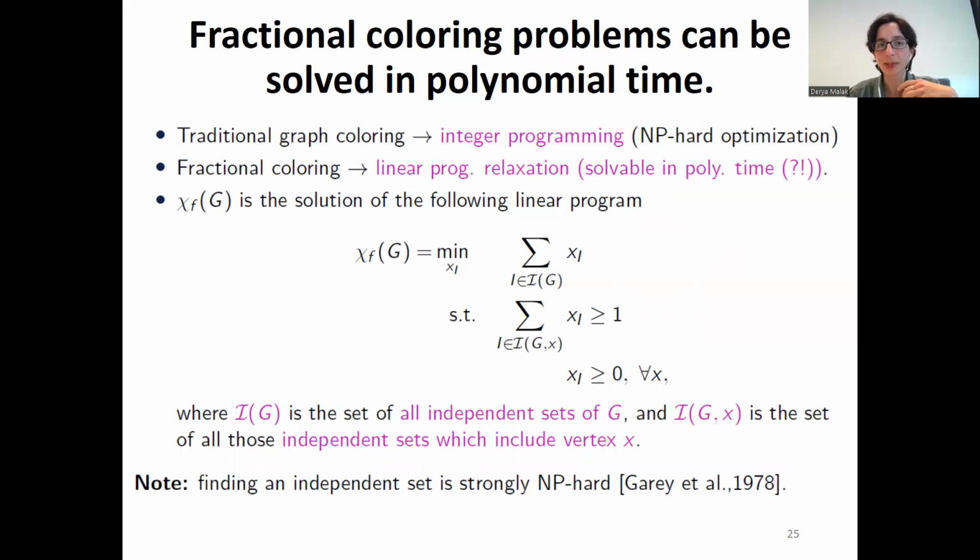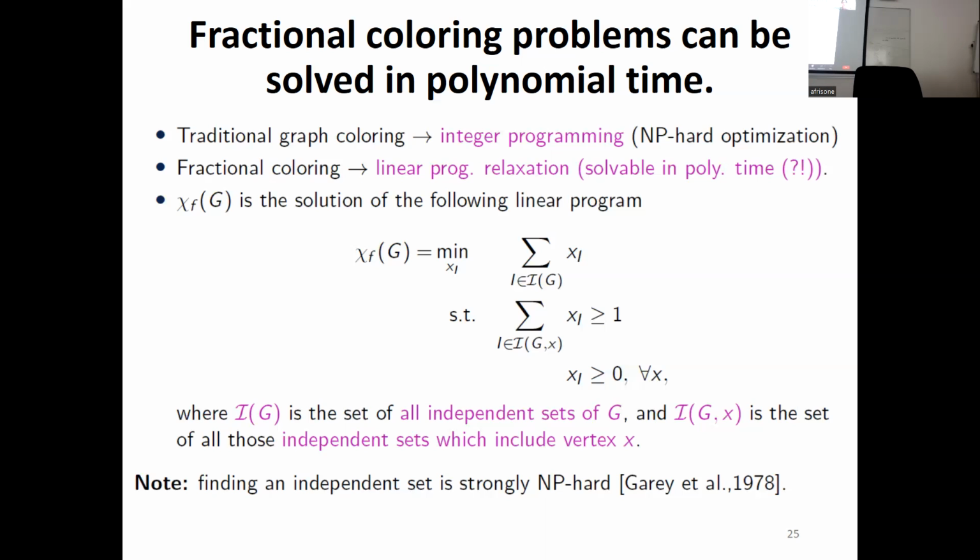Even though I say linear, as most of you know, determining the independent sets of an arbitrary graph might not be easy. Sometimes it is NP-hard. So solving this problem heavily depends on whether we can determine these independent sets. But after that, it is easy to show that this fractional chromatic number provides a lower bound to the actual chromatic number obtained by assigning 1 color per vertex.